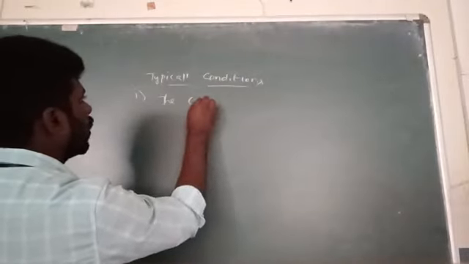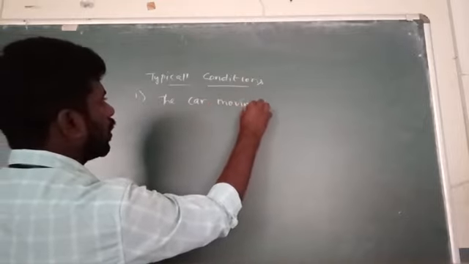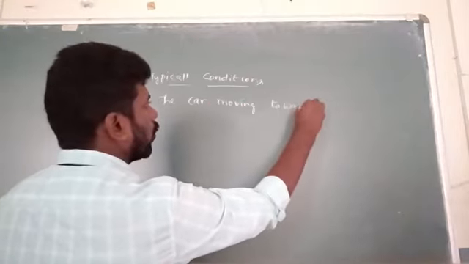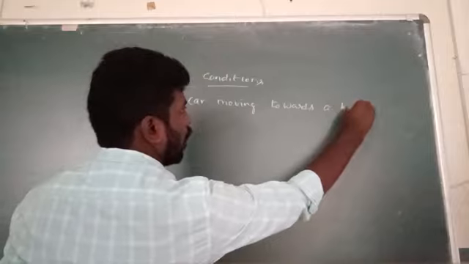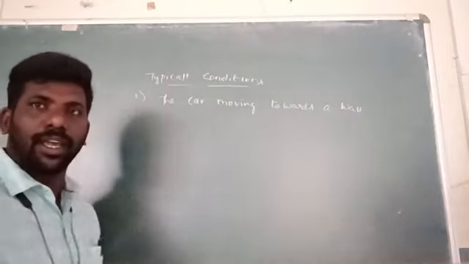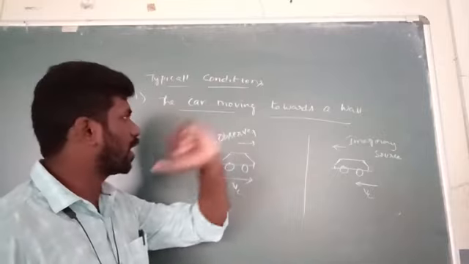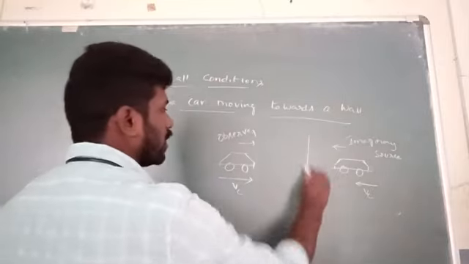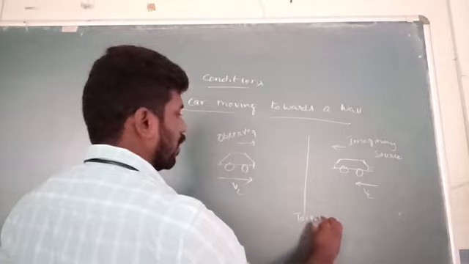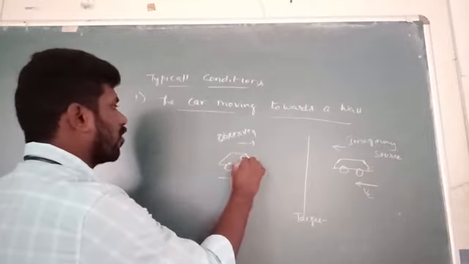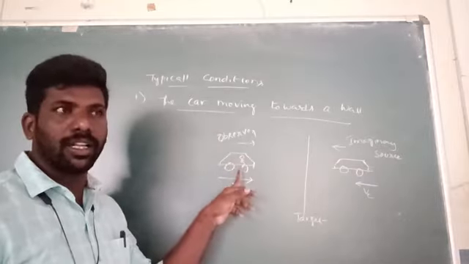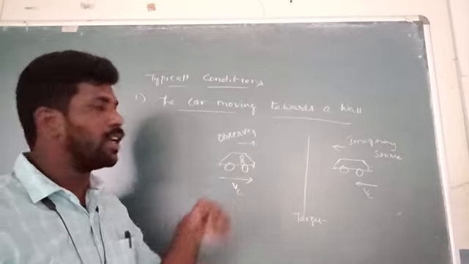The car is moving towards a wall. Okay, see the car moving towards a stationary wall. This is a target. Observe here, the observer is in the car. That means the car only is producing a sound.